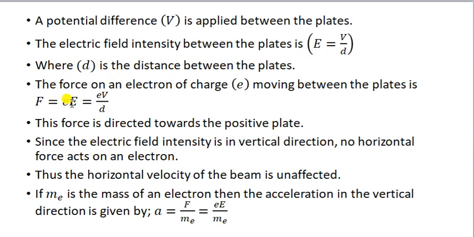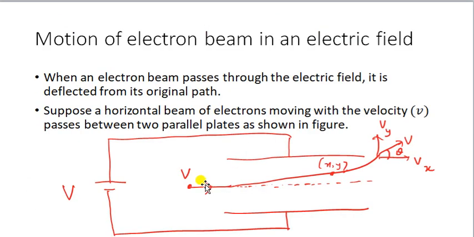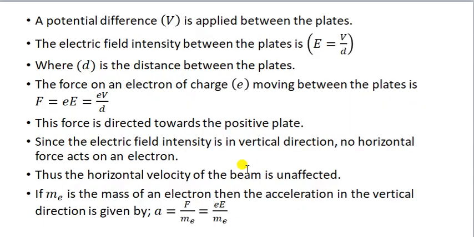Now the force acting on the electron will be given by F is equal to eE, and in place of E we can write V over d. This force is directed toward the positive plate, because electrons carry a negative charge and are attracted towards the positive plate.